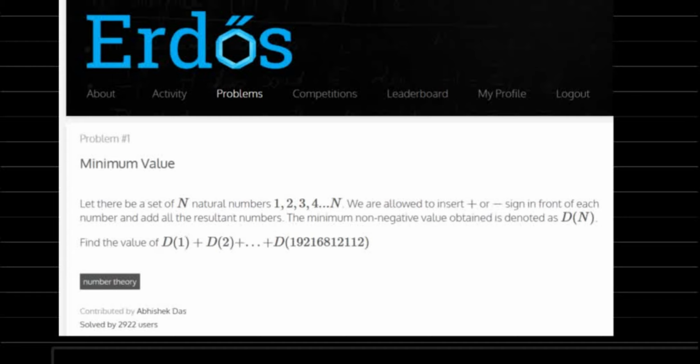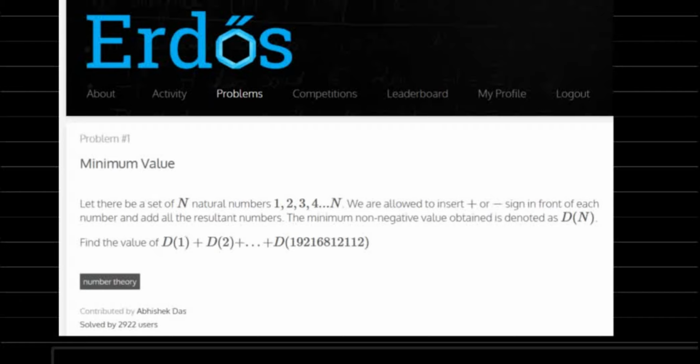Let there be a set of n natural numbers 1 to n, and we are allowed to insert a plus sign or a minus sign in front of each number and add the numbers. So our aim is to find a minimum non-negative value which is represented by d of n for the set 1 to n.